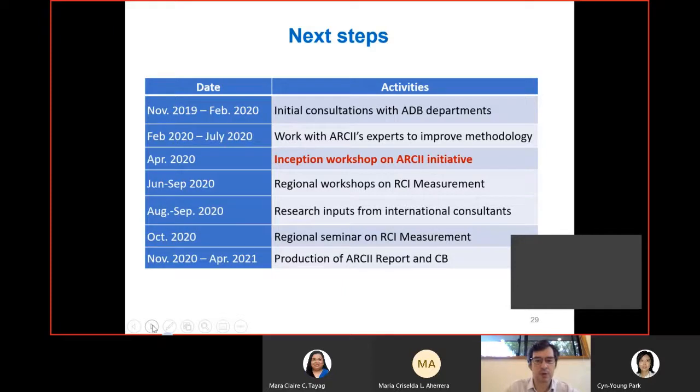We will be also designing some research inputs and having contributions from international consultants. And finally, we hope to have a seminar with all the colleagues and the different teams involved in ARCII measurement to present this work and share the knowledge with all of you.